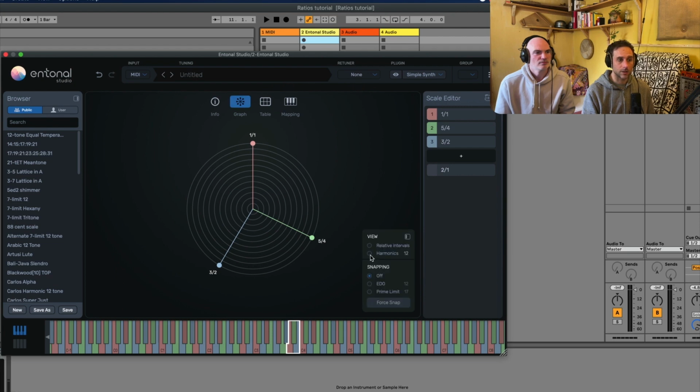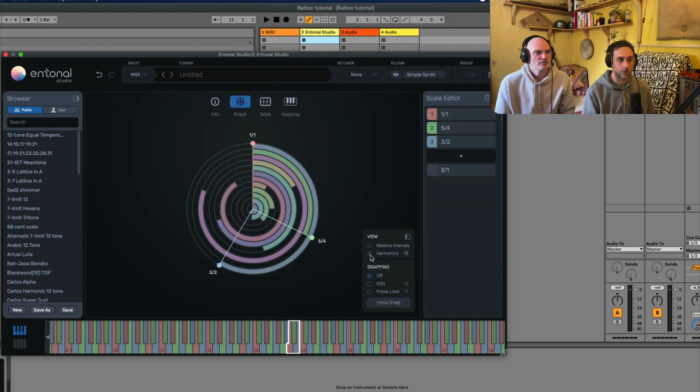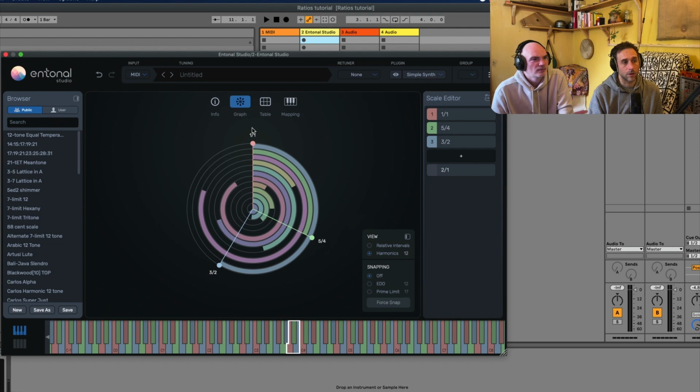And just an interesting thing, if we show the harmonics, you can see in terms of harmonics, technically it's the second harmonic, it's the first one that's not a repeat of the period, which is where the octave is repeating. That was the perfect fifth.